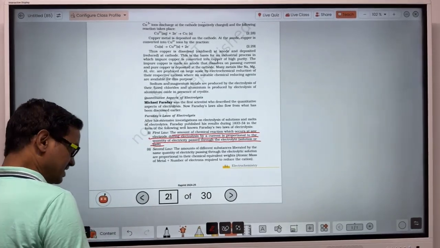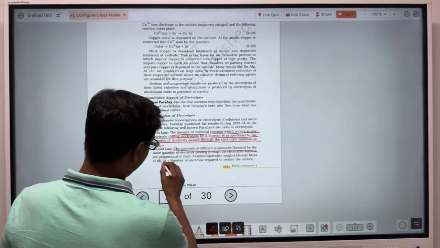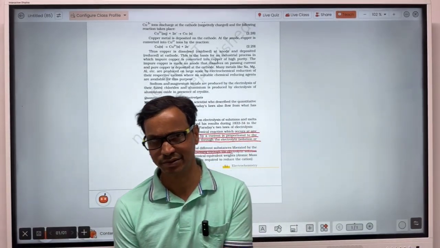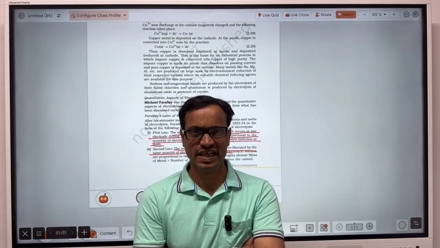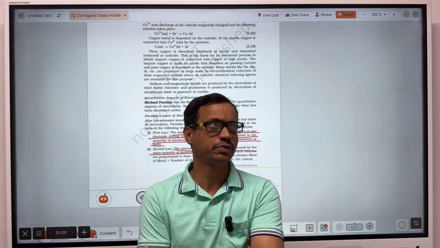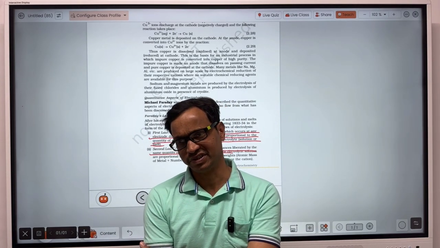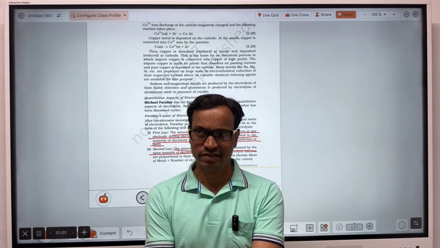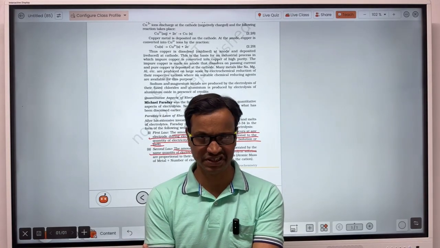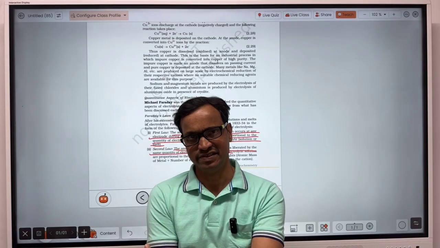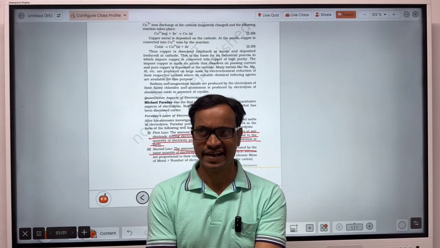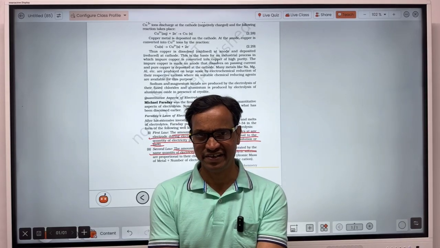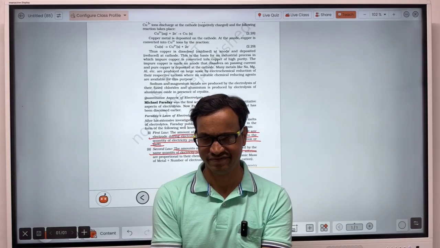That means the second law of electrolysis says that if the same quantity of electricity is passing through different electrodes, then the amount of substance deposited or released will be directly proportional to the equivalent weight of that substance.